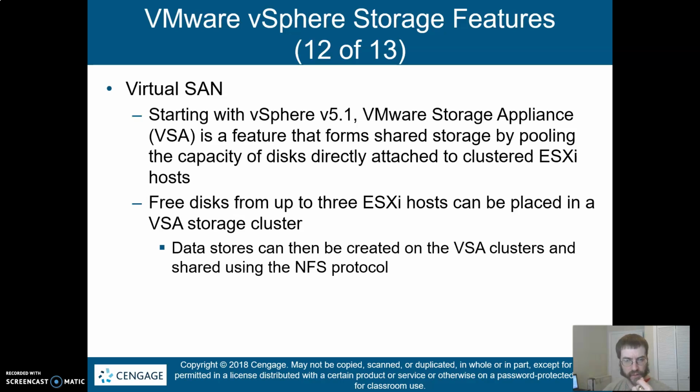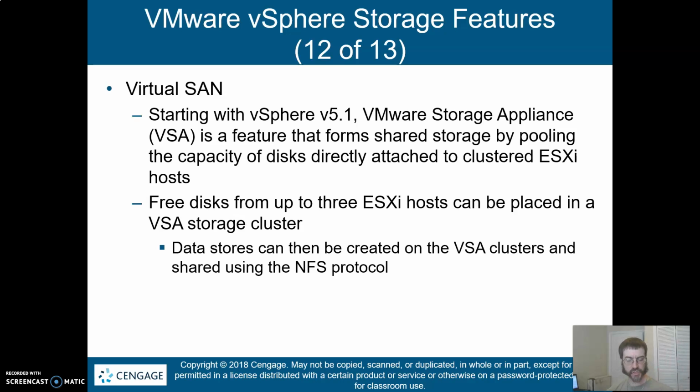One thing VMware started doing in about vSphere 5.1, they built something called the VSA, the VMware Storage Appliance, that allowed the pooling. You could take a cluster of ESXi hosts, cluster their disk capacity, and that would be your data store.